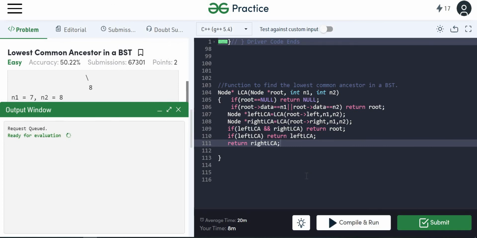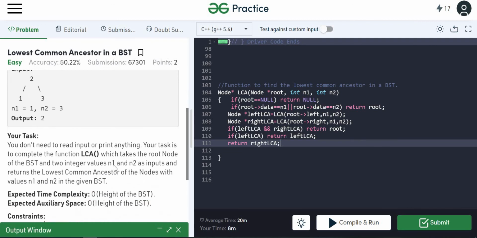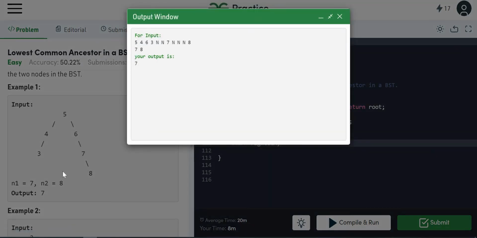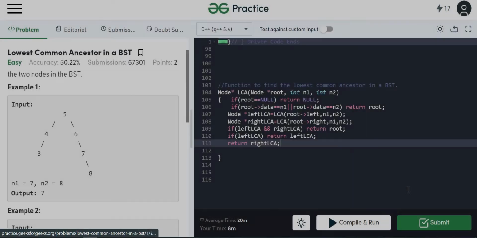Let's check it again. It's a silly mistake. Yeah, my output is coming. If you see in this test case, the output window is showing that yes, it is 7. So that's the merit.